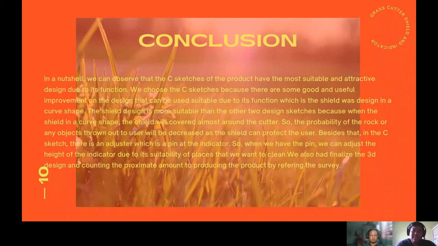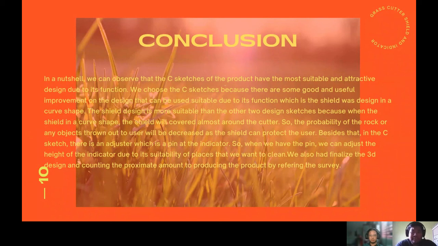The shield design is more suitable than the other designs because when the shield is in a curve shape, the shield will cover almost all of the cutter.